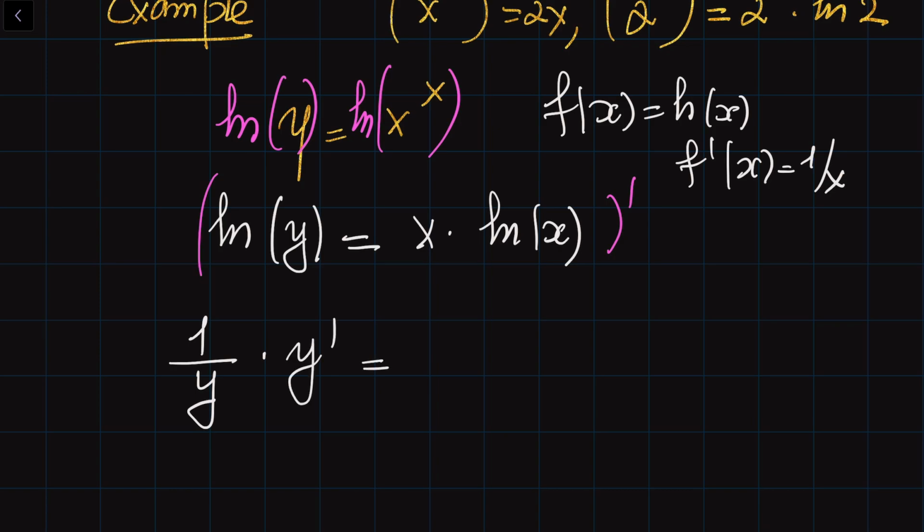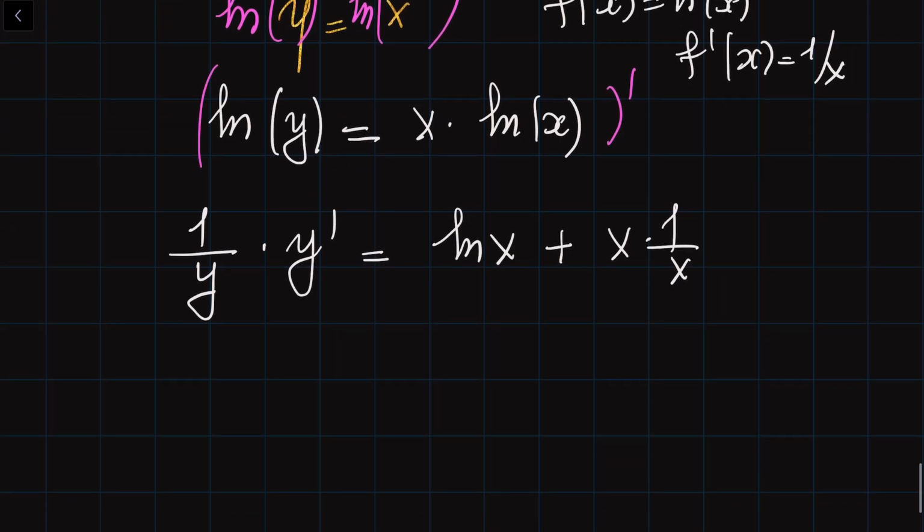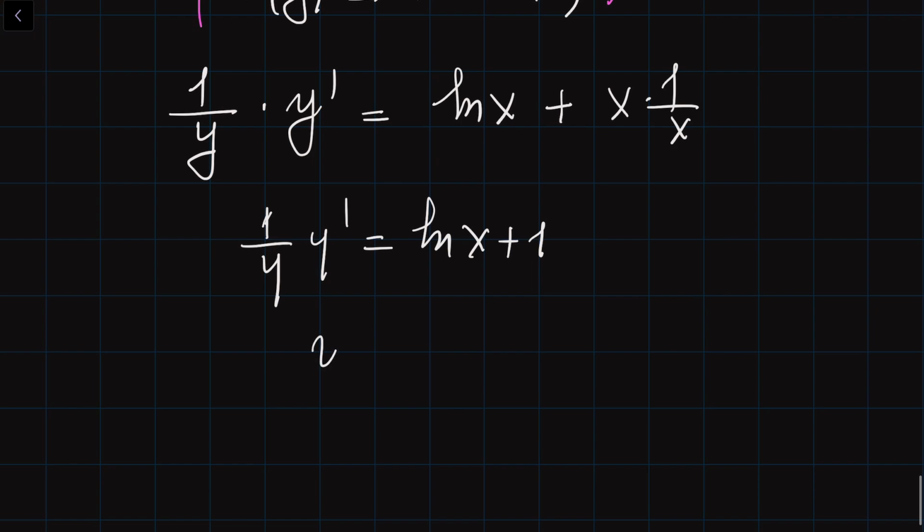It is equal to, now you have to use the multiplication rule, right? It is going to be ln of x plus x times 1 over x. Then 1 over y times y prime is equal to ln of x plus 1. So y prime is equal to y times (ln of x plus 1).